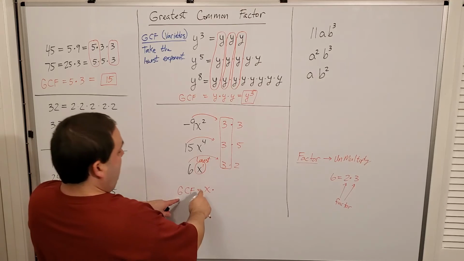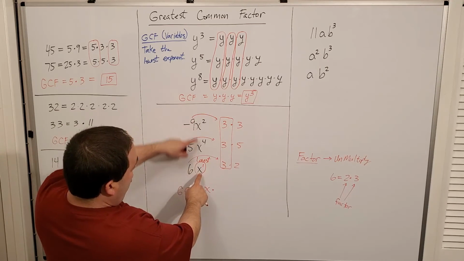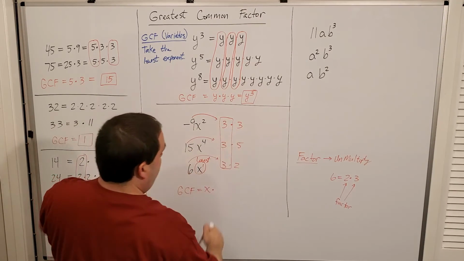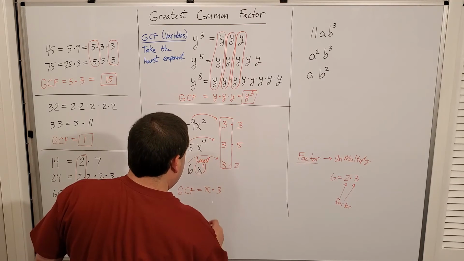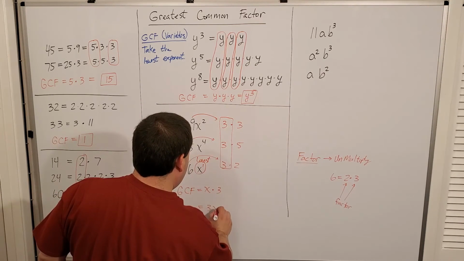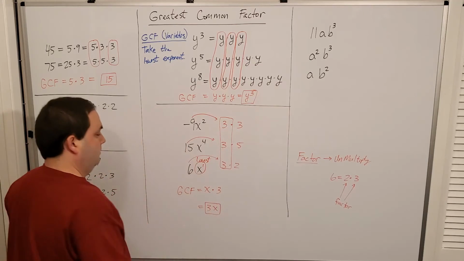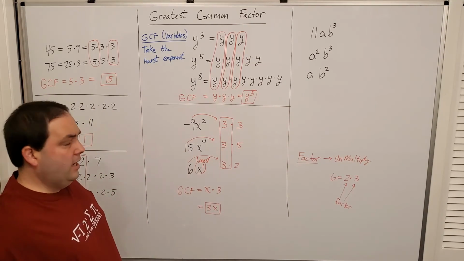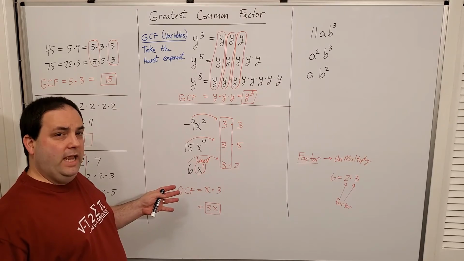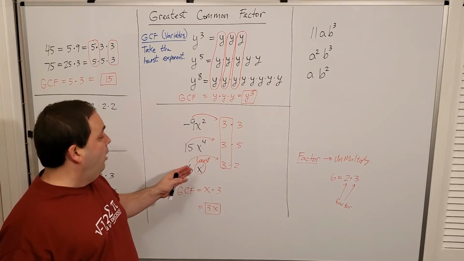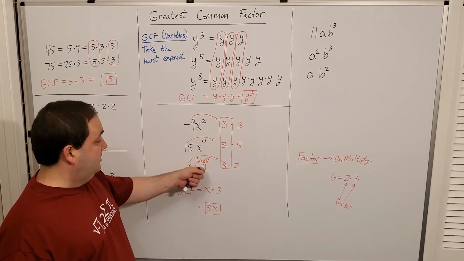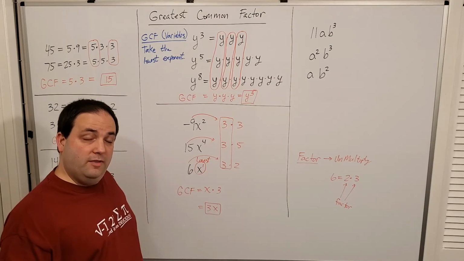So my GCF is going to be the x that I found from the lowest power and the 3 that they have in common. So my GCF is literally 3x. Okay, so remember with variables, it's just a counting game. We're finding out how many do they all share, and it's always going to be that lowest as long as all of the letters are the same.